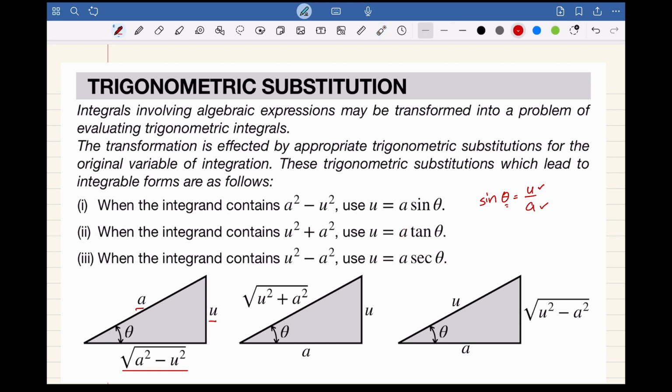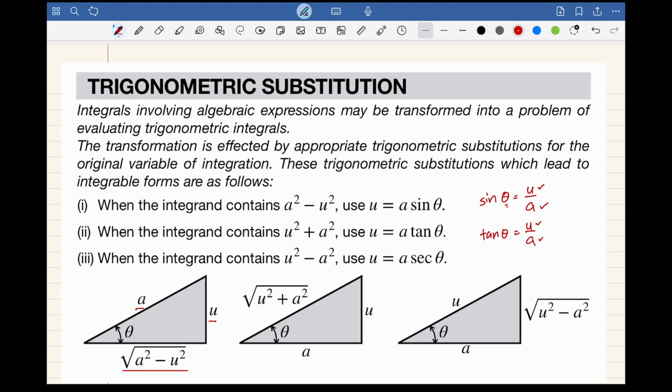And then, tangent theta is equal to u as our numerator, tapos a will be our denominator. So from this equation, we can see that u is yung opposite side and a is yung adjacent side from the concept of SOHCAHTOA.